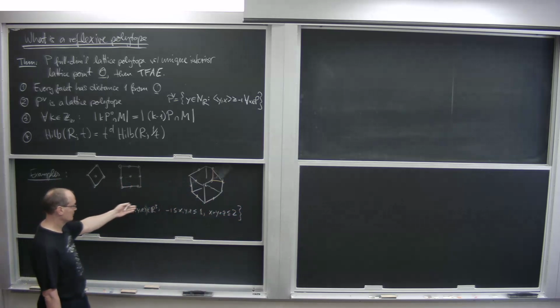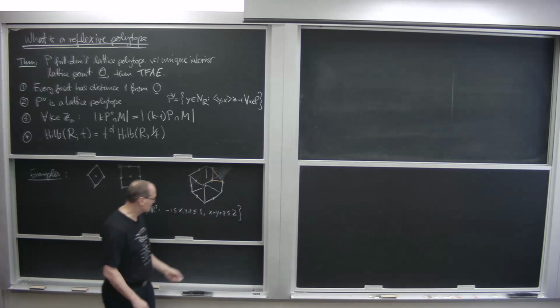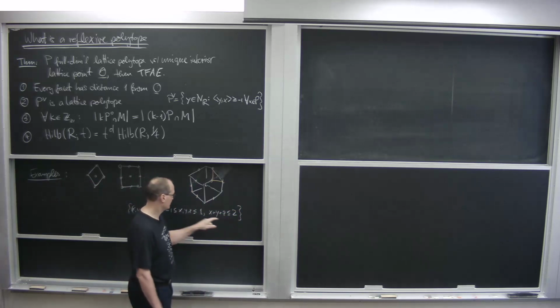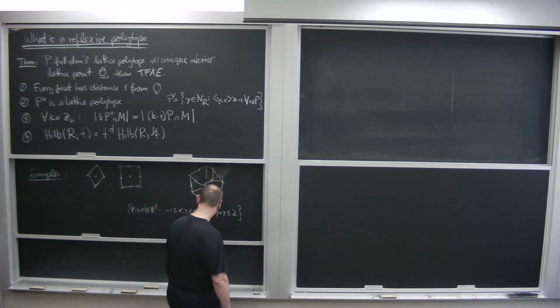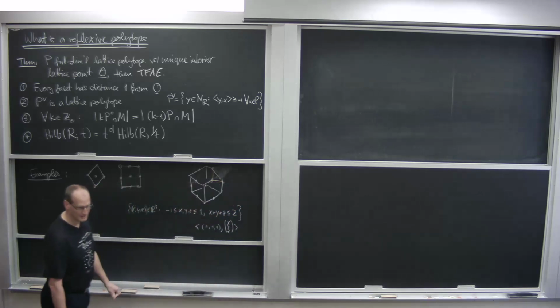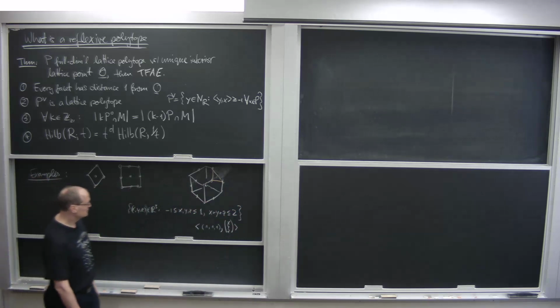Okay, so I write down inequalities here, and I write them down in such a way that the coefficients of my linear functional are coprime. So this I should think of as the vector 1, 1, 1 in N paired with the vector x, y, z in M. I like to think of vectors in N as row vectors, vectors in M as column vectors.